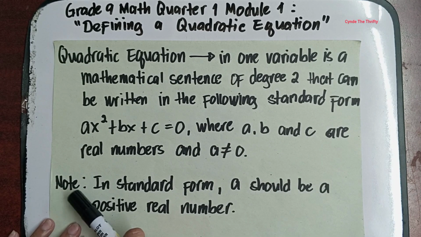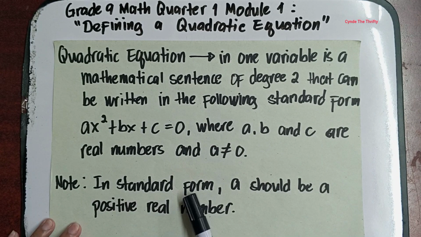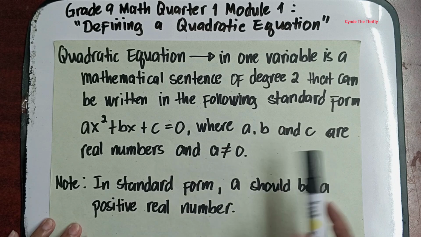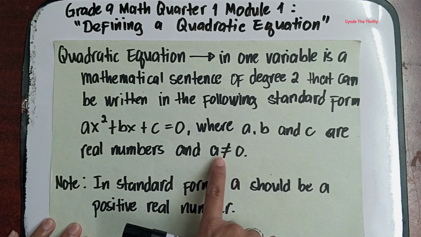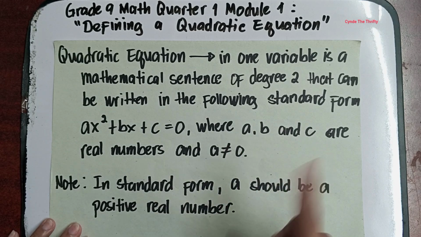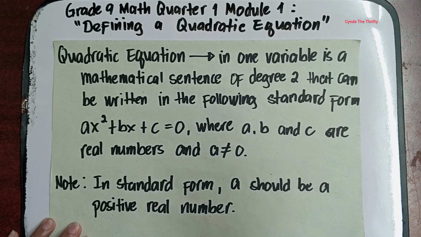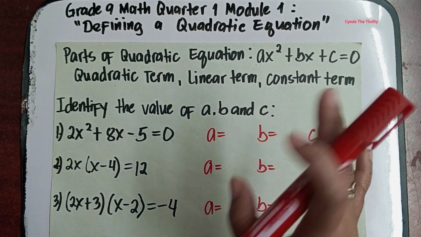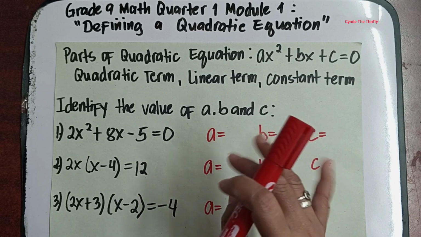Meron tayong note dito sa baba. In standard form, a should be a positive real number. Okay, so gaya nga ng sabi natin na si a hindi siya pwedeng equal to 0 or hindi siya pwedeng negative real numbers. Dapat positive real numbers ang value ng ating a. Okay, so ngayon naintindihan nyo na kung ano ang ibig sabihin ng quadratic equation.